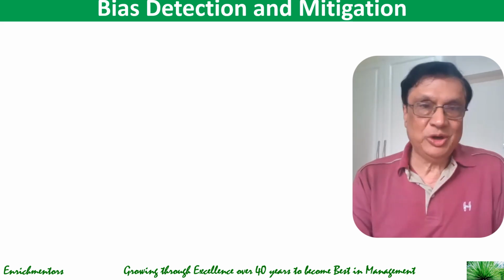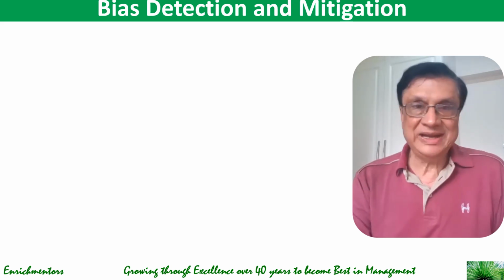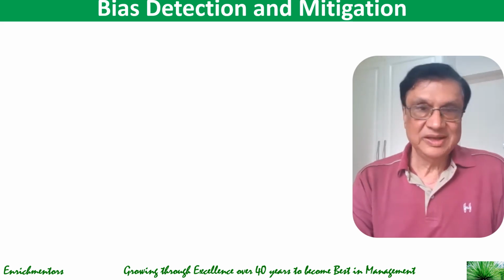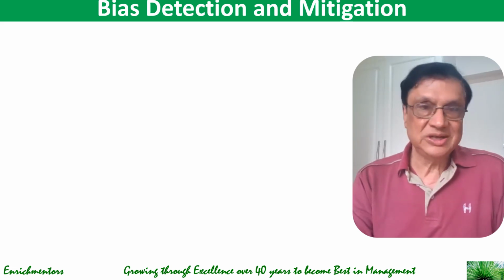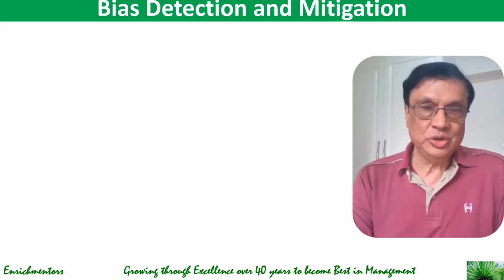So be vigilant about the bias in data and models and actively work to detect and mitigate it. Implement techniques such as bias audits, fairness-aware machine learning, and bias mitigation strategies to address biases in algorithms and data. And how can you do that?